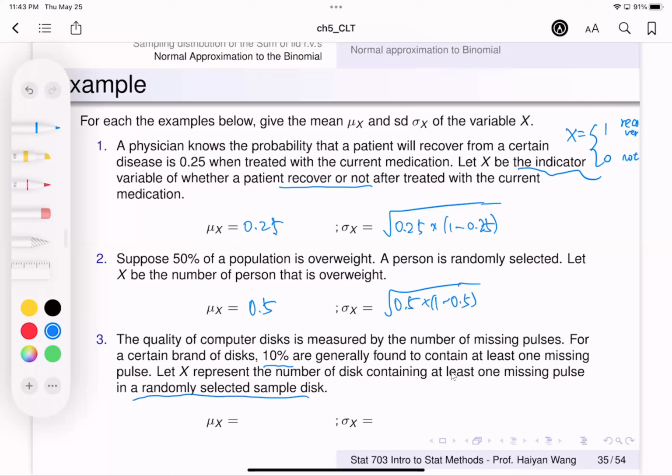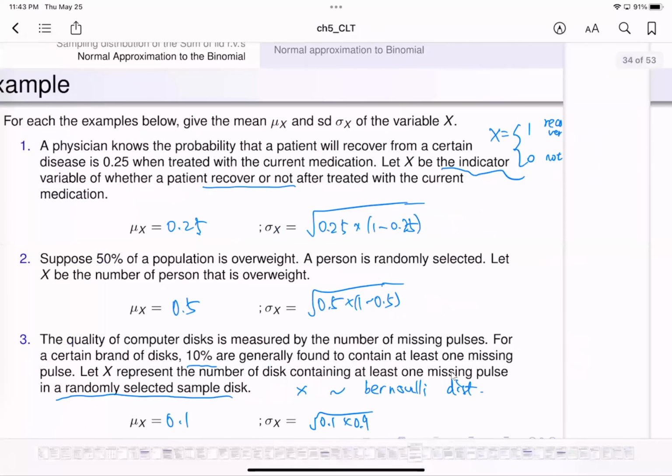So we are looking at this one disk, whether it contains at least one missing pulse or not. So x is again a Bernoulli random variable. The mean of x is equal to that proportion 0.1, and the standard deviation would be equal to the square root of 0.1 times 0.9.